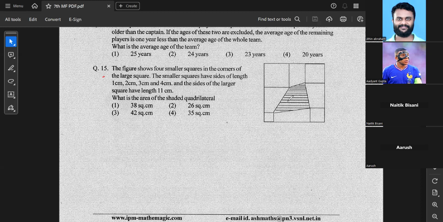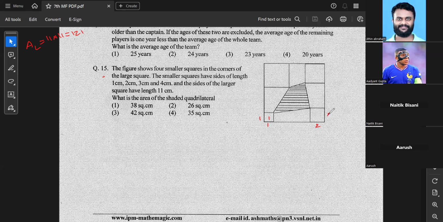Okay. Now, basically, what we'll be doing is finding the overall area. The area of the largest square is 11 multiplied by 11, which is nothing but 121. From this 121, I'll be subtracting all the white figures, and that's when I'll get the shaded portion. Now, the first square has dimensions 1 and 1, which means this area is 1.